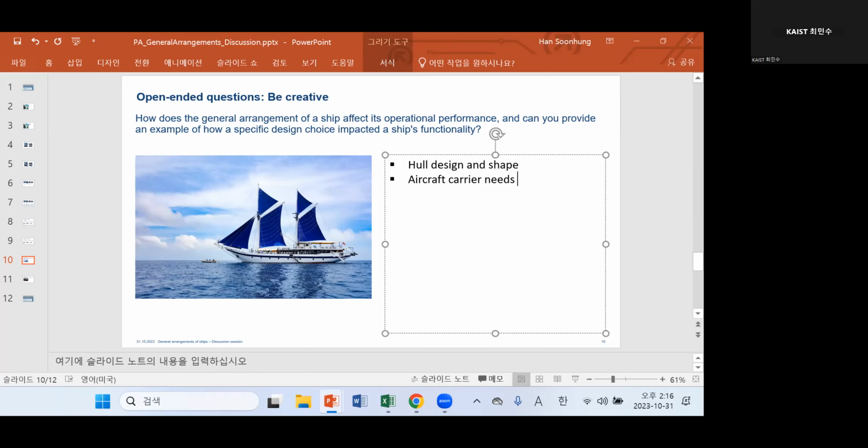Yes. For instance, where would you put the fuel tanks? Would you put them more in the top part of the ship or more in the bottom part, and why? It would be more on the bottom for stability. Good, yeah.